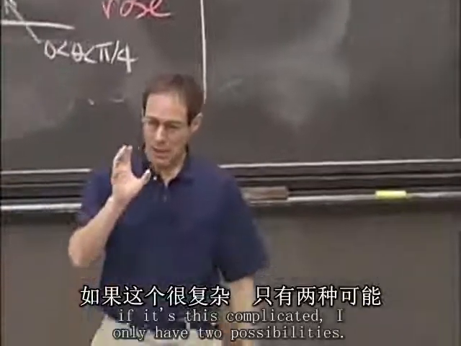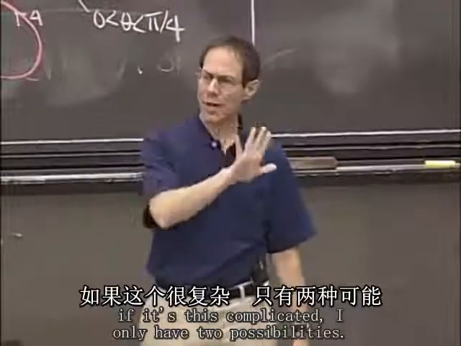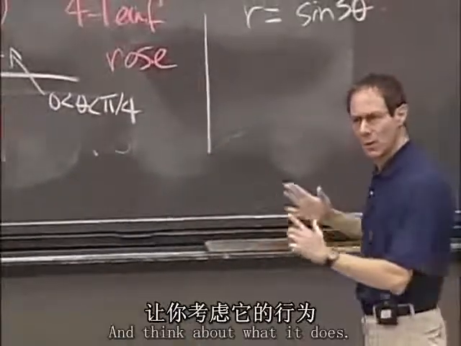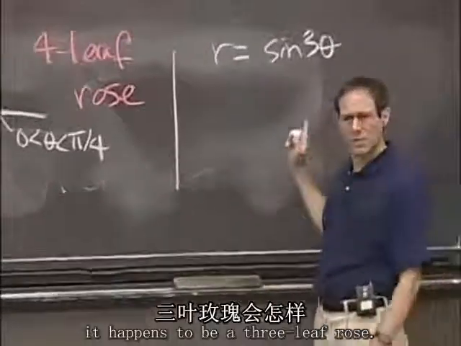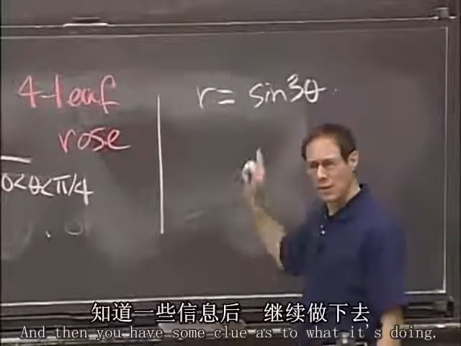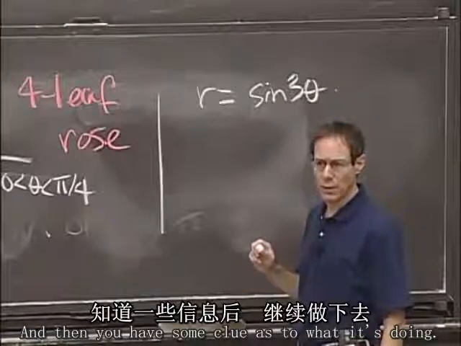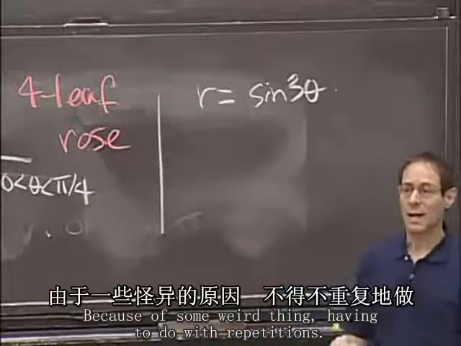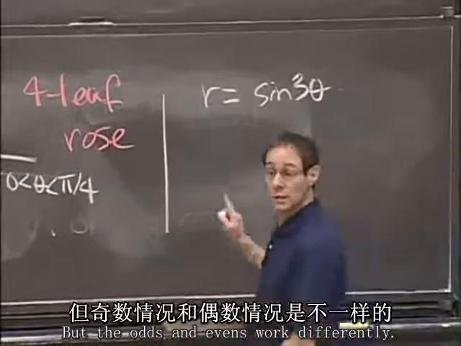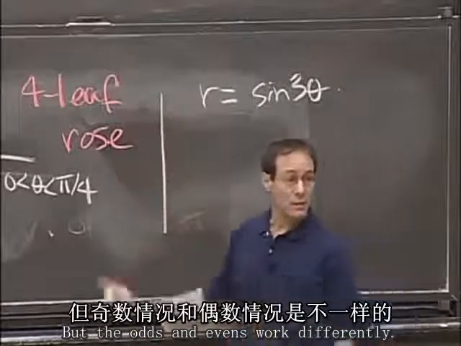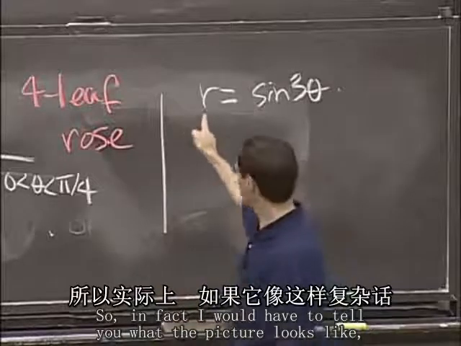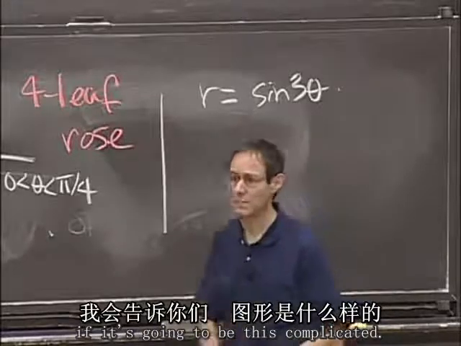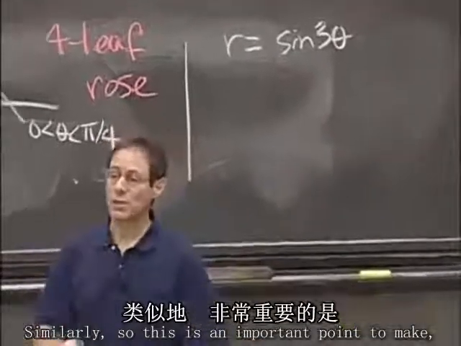If it's this complicated, I only have 2 possibilities. I can give you a long time to sketch this out and think about what it does, or I can tell you that it happens to be a 3-leaf rose, and then you have some clue as to what it's doing. It doesn't have 6 petals because of some weird thing having to do with repetitions, but the odds and the evens work differently. So I would have to tell you what the picture looks like if it's going to be this complicated.